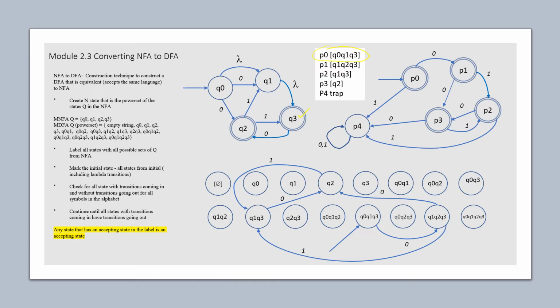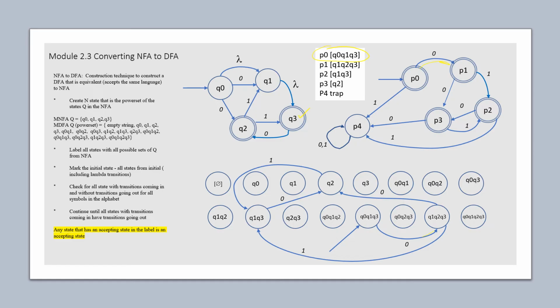Q0, yes, Q3 is accepting, so therefore P0 is going to be accepting. Okay, then from P0 with a 0, it goes to Q1, Q2, Q3, which we have renamed to be P1. So from P0 with a 0, you're going to go to P1. P1 is actually Q1, Q2, Q3, so that one is also accepting.